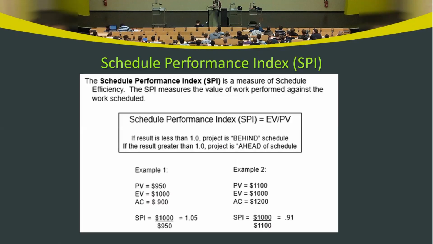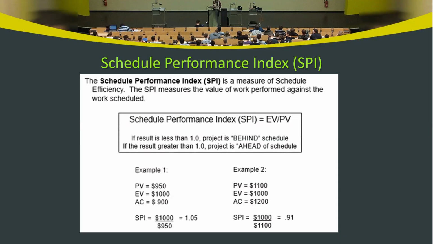Now, in terms of schedule, SPI is EV divided by PV. Same logic here, actually. If it's greater than 1, the project is ahead of schedule, which is good. If it's less than 1, the project is behind schedule. Greater than 1 means the project is ahead of schedule.